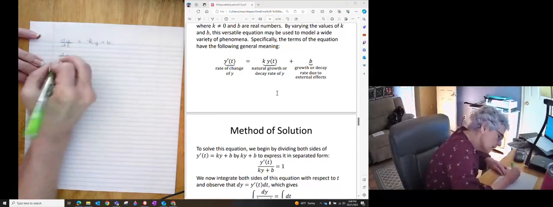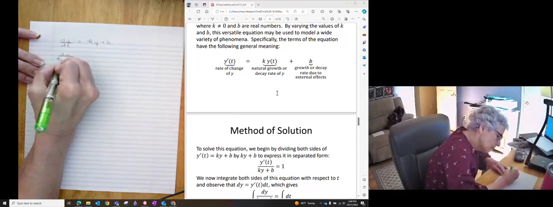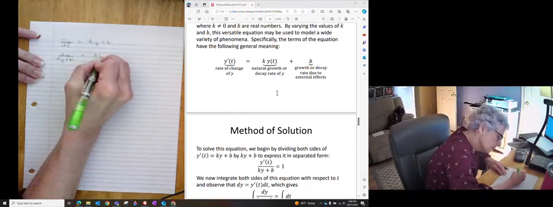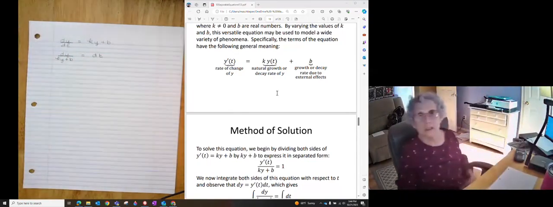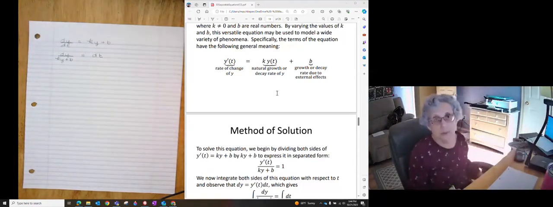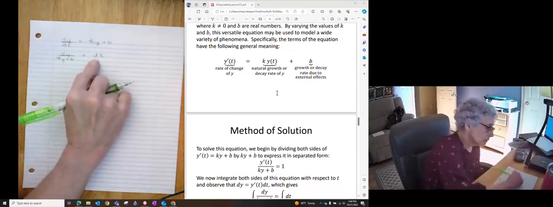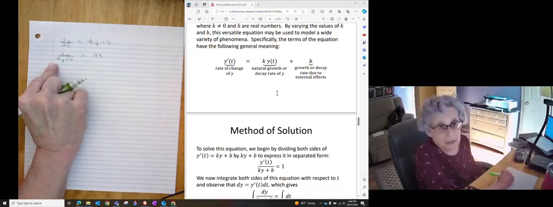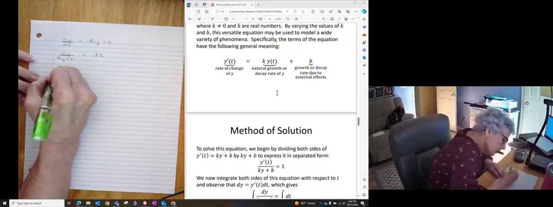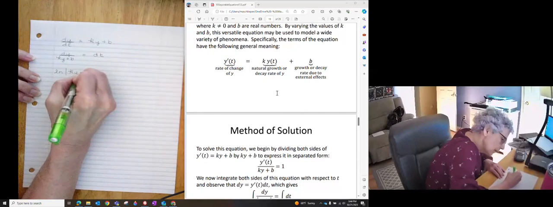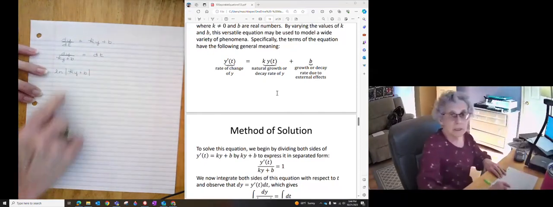So I have dy living on top of ky plus b is equal to just dt, because I divided both sides by ky plus b, leaves me with just a 1 sitting over there.